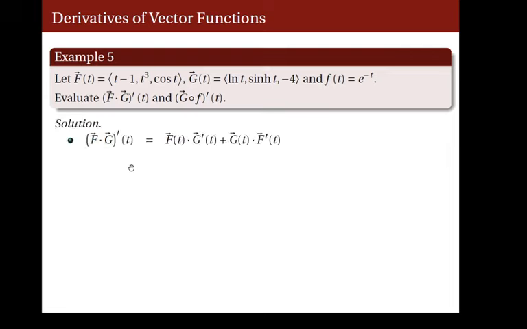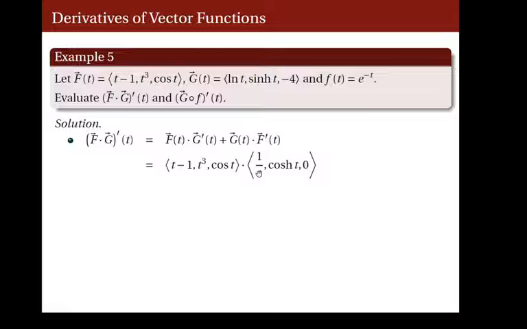So from the theorem, recall that the derivative of the dot product is given by f of t dot g prime of t plus g dot f prime. Okay, so what is this sum? First we need the function f, which is (t minus 1, t cubed, cosine t), and take its dot product with the derivative of g, which is 1 over t, cos of t, and 0, since the derivative of ln t is 1 over t, the derivative of sinh is cos of t, and the derivative of the constant negative 4 is 0.